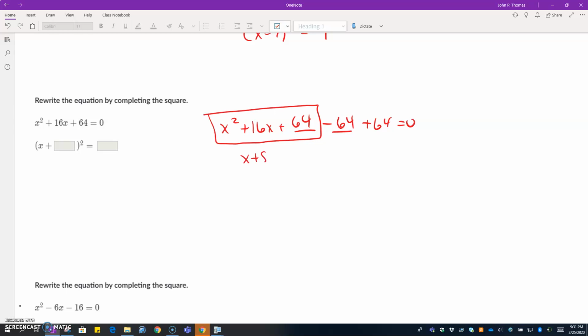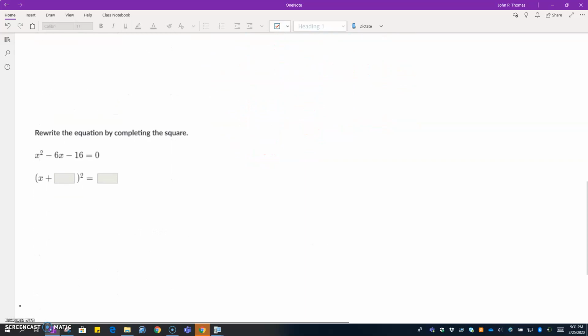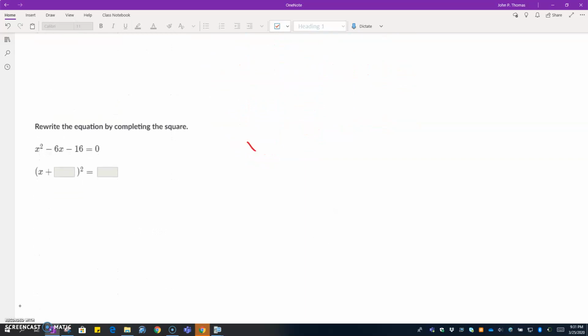So that's x plus 8 times x plus 8, or x plus 8 squared. And then negative 64 and positive 64 cancel out, so I just have equals 0. All right, so this was actually a perfect square trinomial before we even started. So I've got an x plus 8, so I'm going to put an 8 in there, and then the other side is 0.